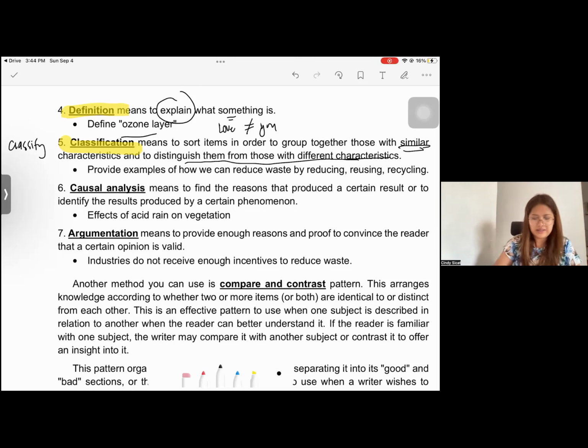So, for example, provide examples of how we can reduce, reuse, and recycle. Okay? Then we reduce, let's say when we go to the groceries, we try to buy only as much as we need, okay? And then we reuse the bottles that we have already used, and so on. So for example, you want to categorize things, look for their similarities, and then divide them. You classify, you categorize them.